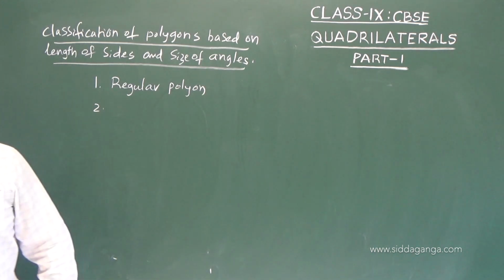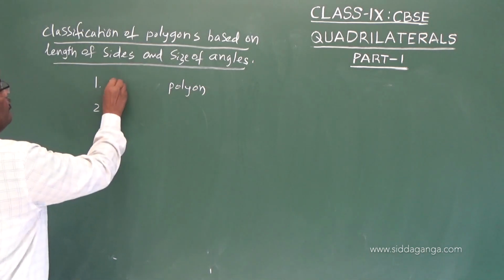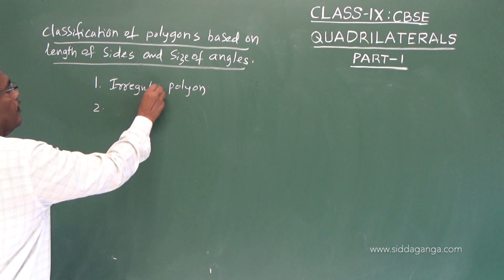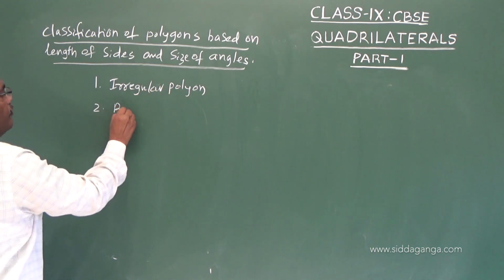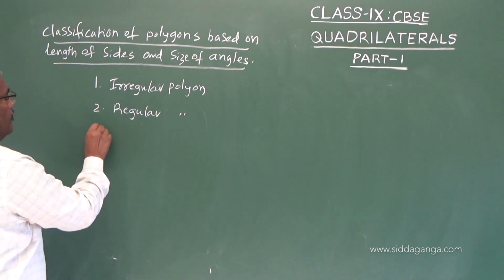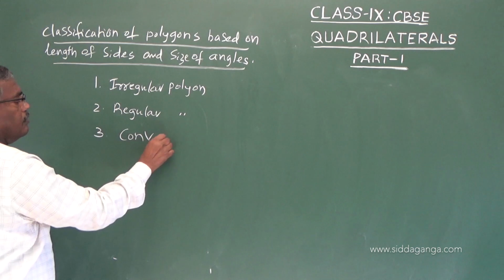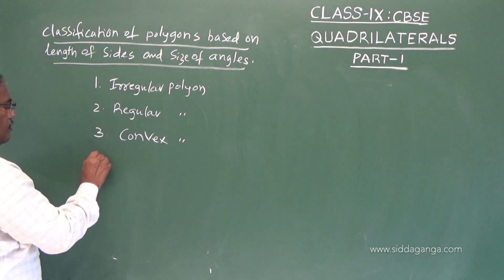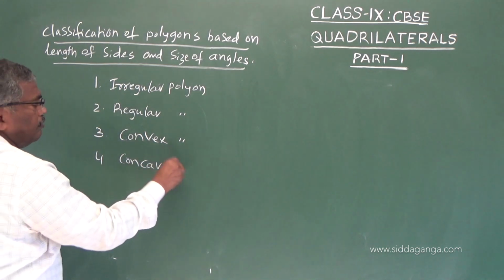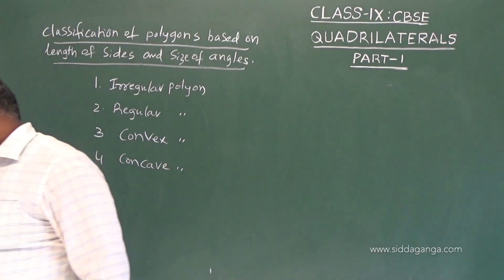First I will write irregular polygon, regular polygon, so convex polygon, concave polygon.